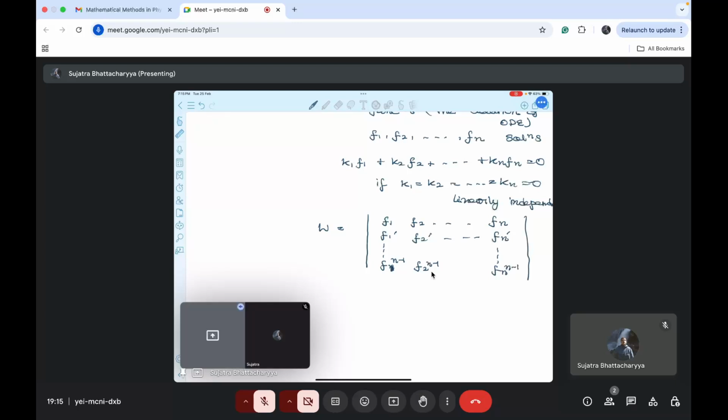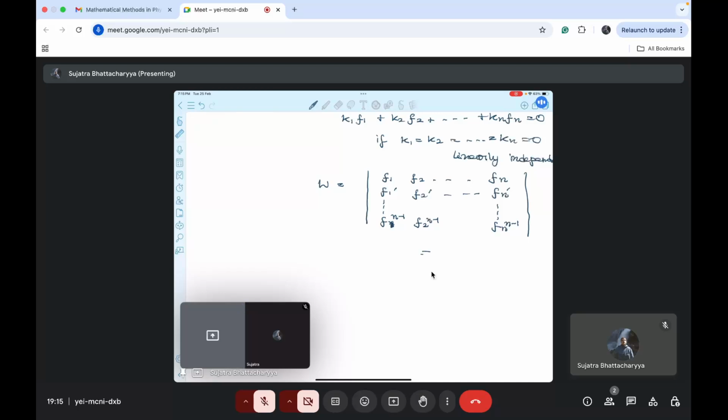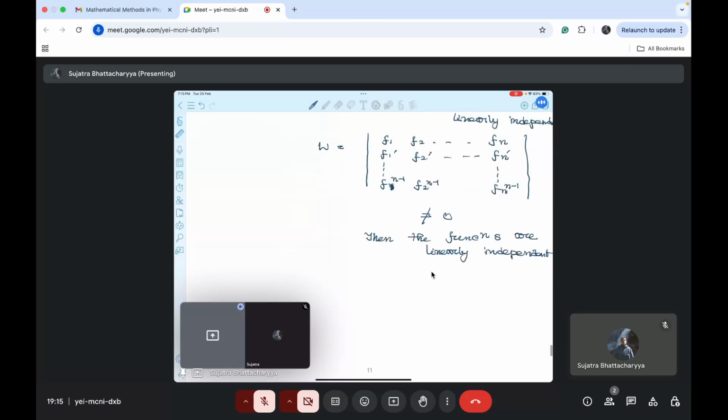In this way, if you write it and show that it is not equal to 0, then the functions or the solutions are linearly independent. And this W is called the Wronskian of the functions. Okay, so this is another point.